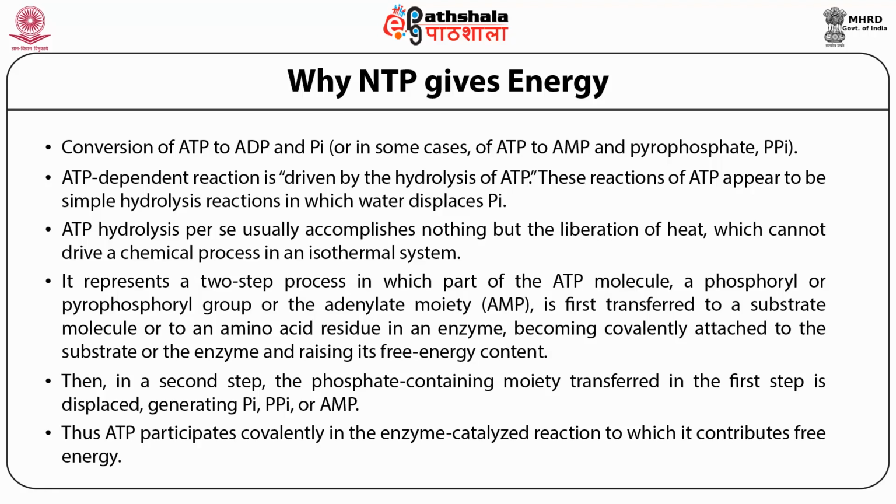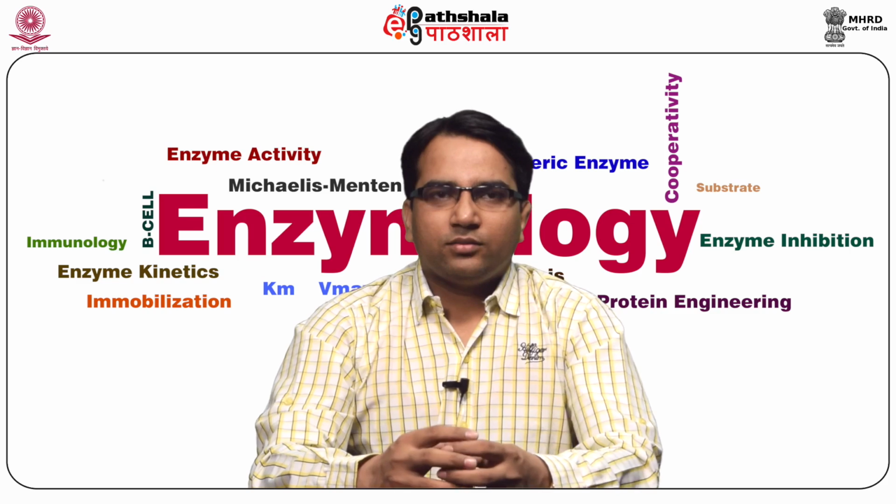One such example is hexokinase, where ATP is used and its phosphate is transferred to hexokinase, and then the phosphate carried by hexokinase is transferred to glucose and glucose 6 phosphate is produced.